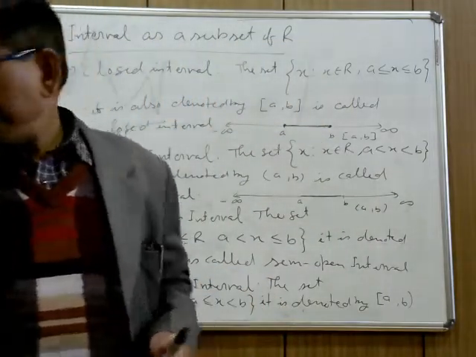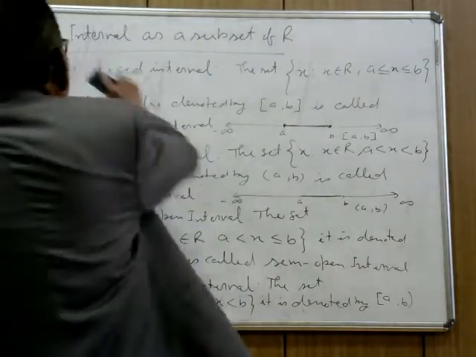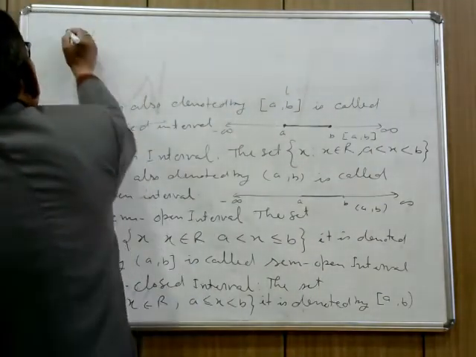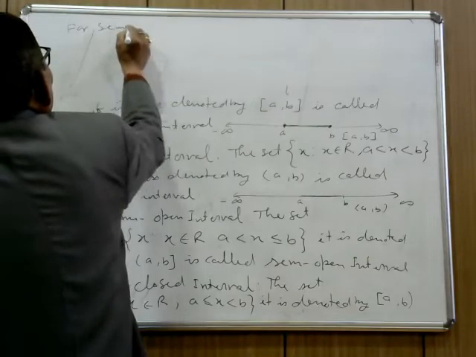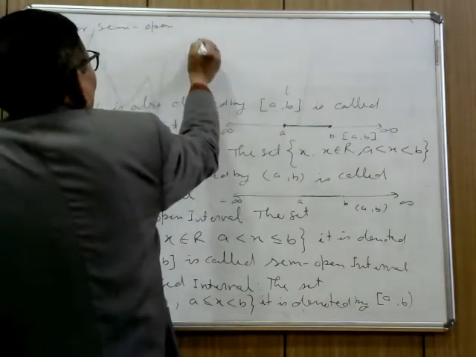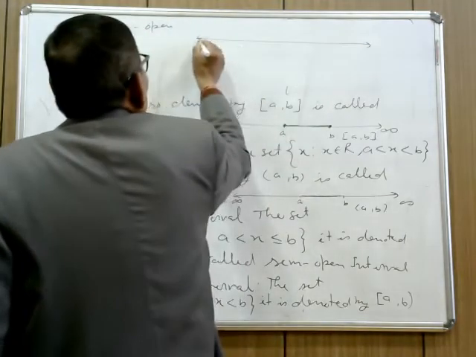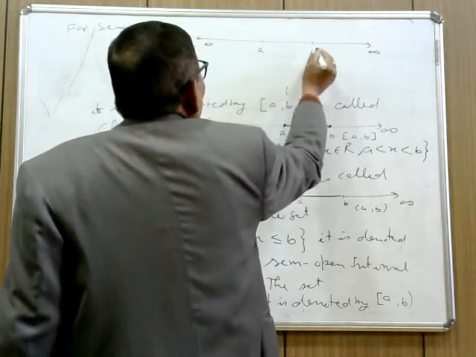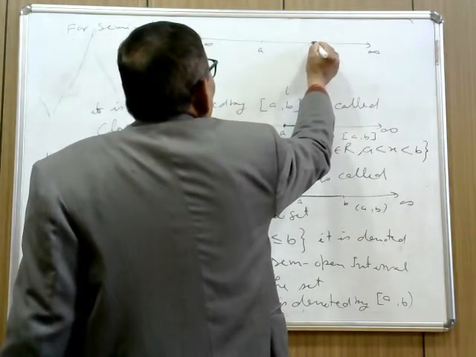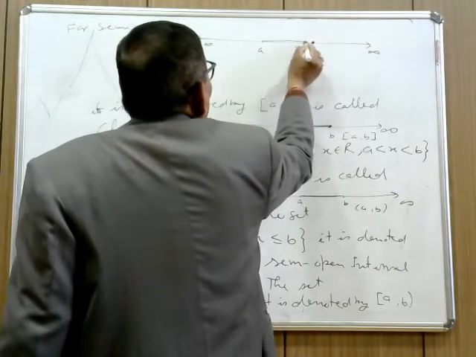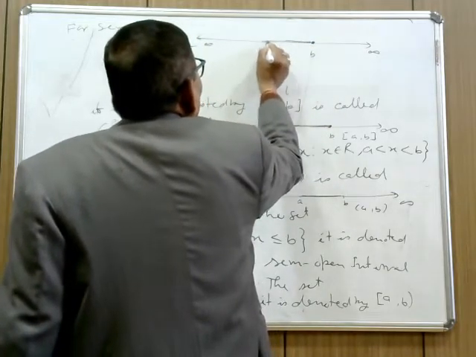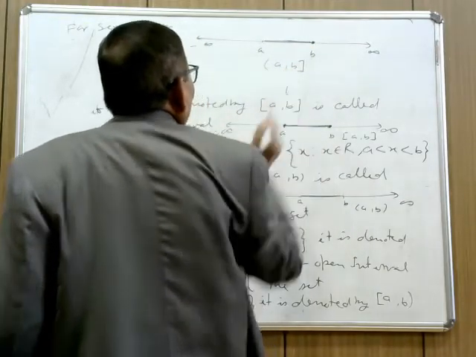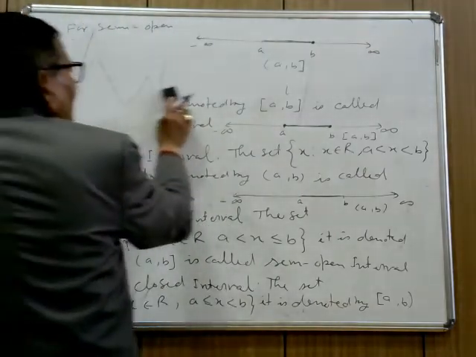For semi-open, you draw a real line. It is minus infinity to plus infinity. Put A and B on it. Since B is included and A is not included, so dark this part. This is semi-open AB. Now last one is semi-closed.